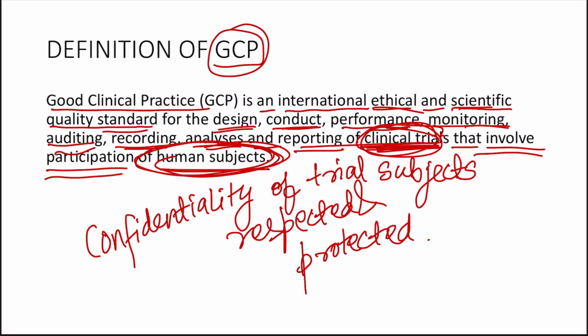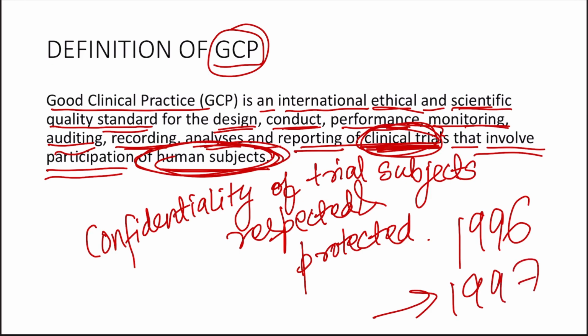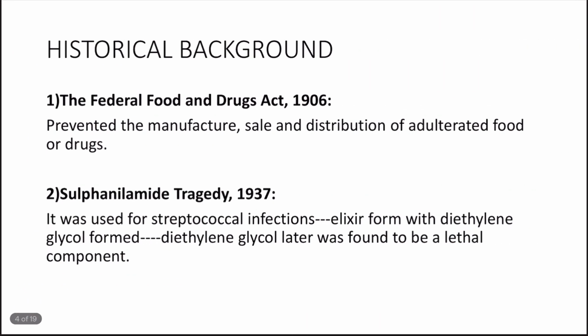So the GCP guidance document was finalized in the year 1996 and it became effective by the year 1997. So right now, any clinical trials which are being performed have to be in compliance with the GCP, that is good clinical practice.